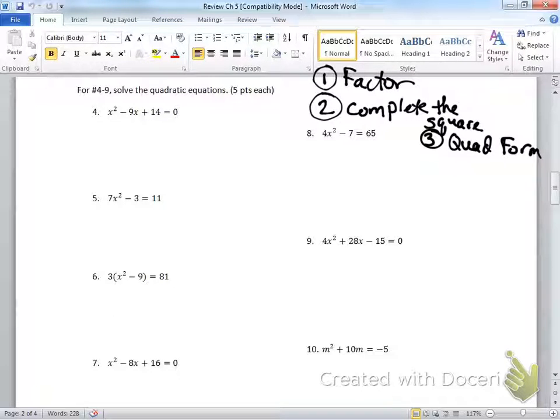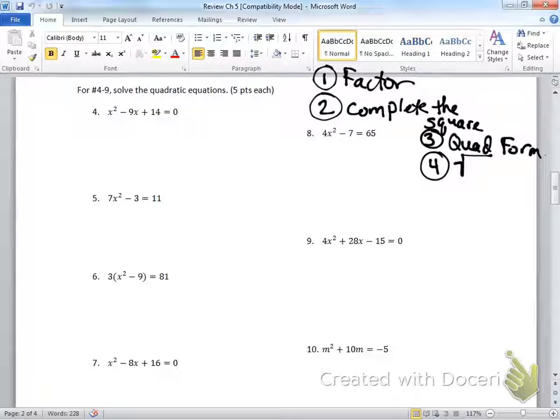Number 3 is like the when all else fails, that one's always going to work. So if you can't factor, if you don't like completing the square, then the quadratic formula will work on every single one of these. And then number 4 is to take the square root of both sides. That only works when you have an x squared term and no x term. So those are the 4 go-tos on this.